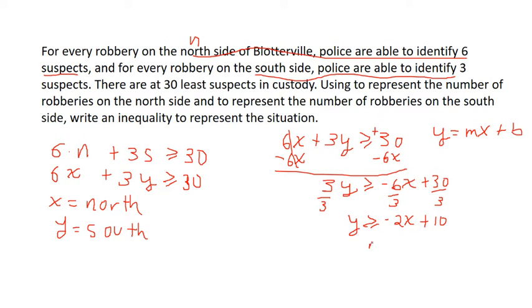So the slope is going to be negative 2 over 1, and my y-intercept is going to be 10. So if I graph this, let's say this would be 10 right here.